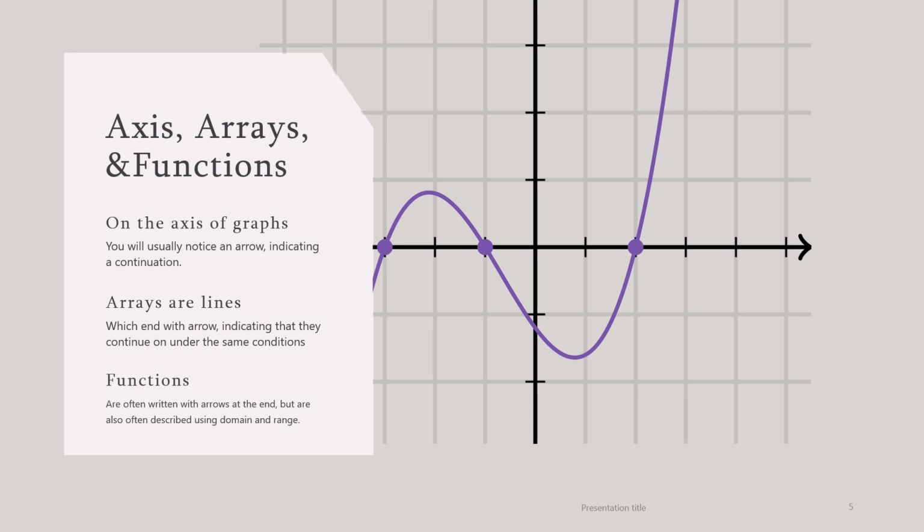For this graph specifically, if we assumed that both ends ended with an arrow, it would continue on from negative infinity to positive infinity. And the same could be said for the range, which would be how far down the function goes to how far up it goes on the y-axis.